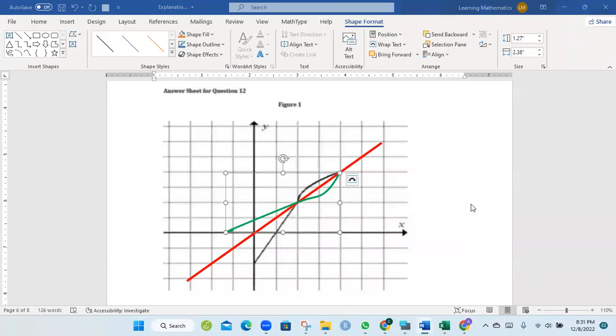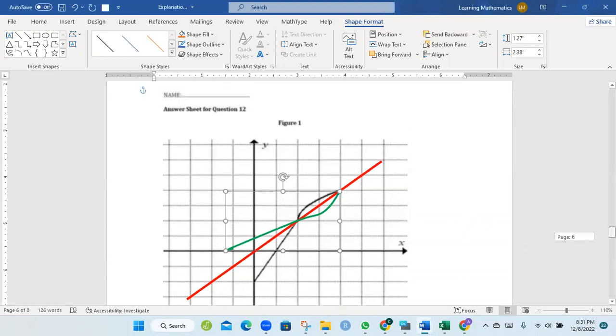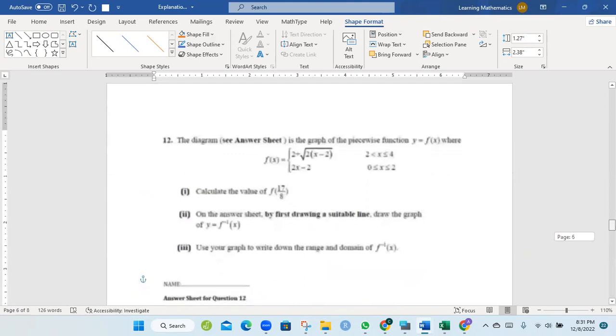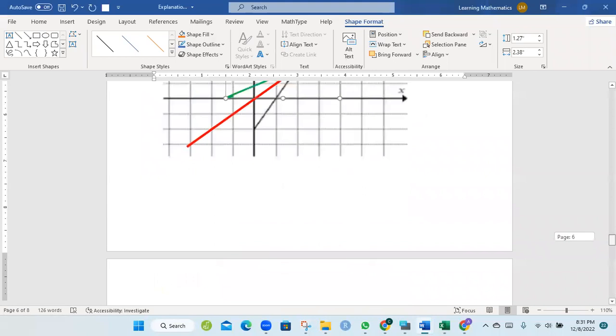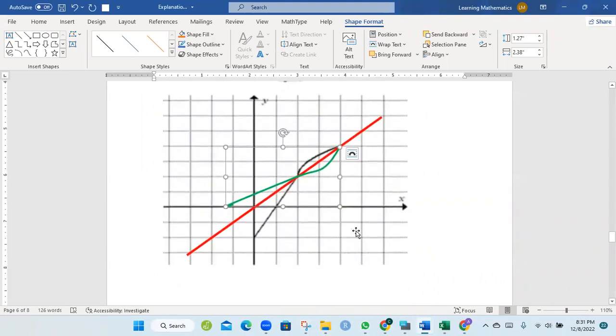Also knowing that the domain of the function is the range of the inverse, and the range of the function is the domain of the inverse. So the domain of the function is from 0 to 4: 0, 1, 2, 3, 4. So that would be the range of the inverse.